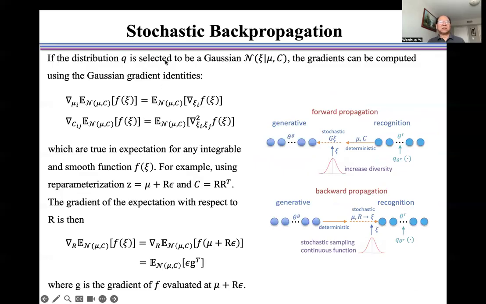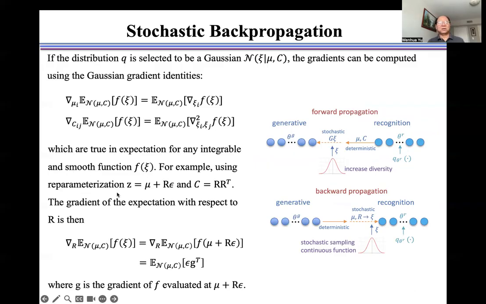If the distribution q is selected to be a Gaussian, the gradient can be computed by using the Gaussian gradient identities as shown here, which are true in expectation for any integrable and smooth function f.